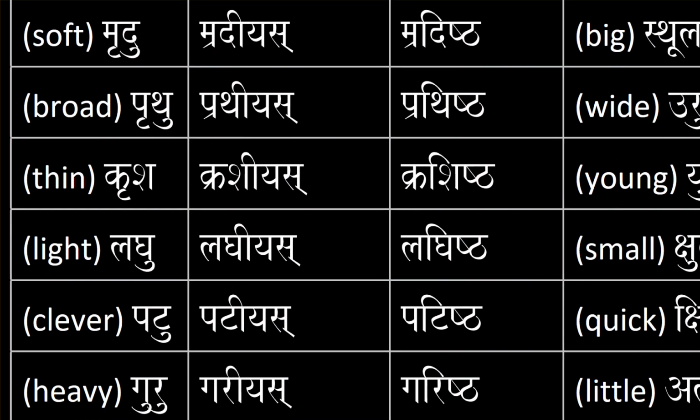For broad, the Sanskrit word for broad is prithu. So you're dropping this final u and you're ending up with prathiyas for broader, and then for broadest, you have prathishtha.